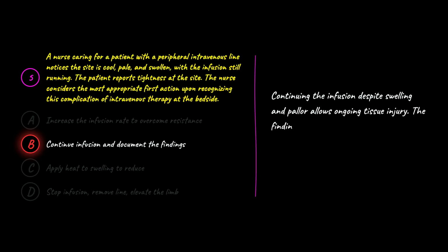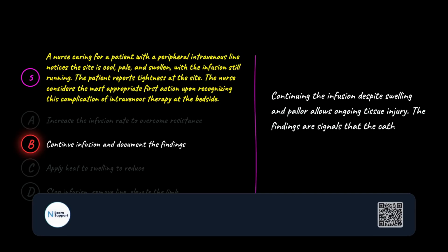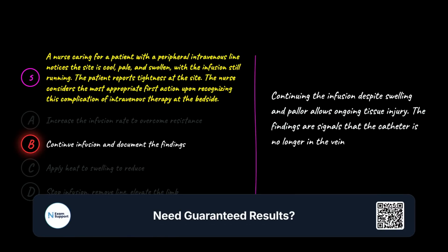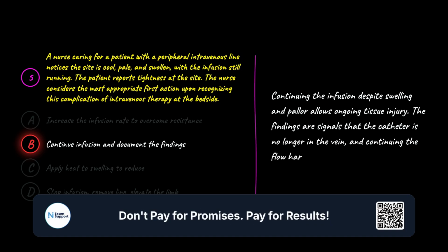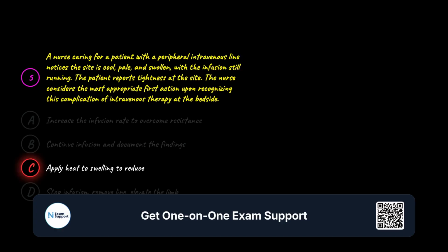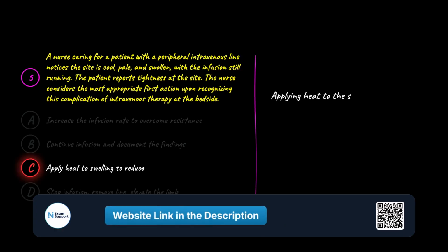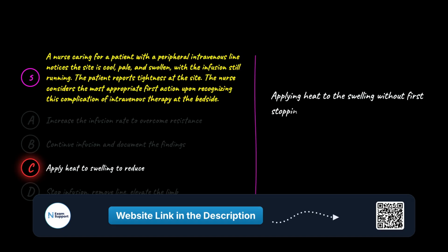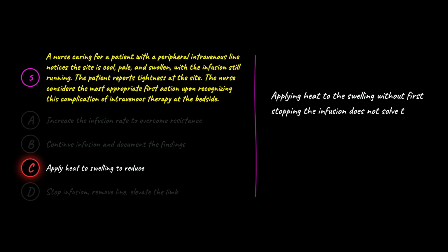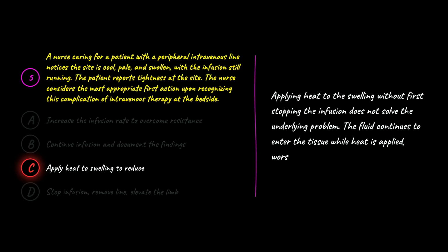The findings are signals that the catheter is no longer in the vein, and continuing the flow harms the surrounding tissue significantly. C is wrong because applying heat to the swelling without first stopping the infusion does not solve the underlying problem. The fluid continues to enter the tissue while heat is applied, worsening the situation rather than resolving it.